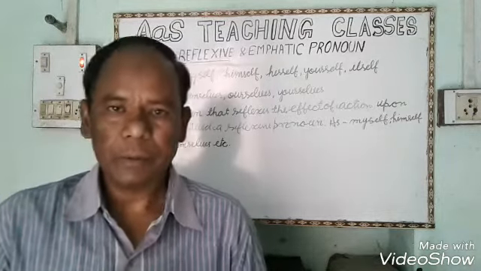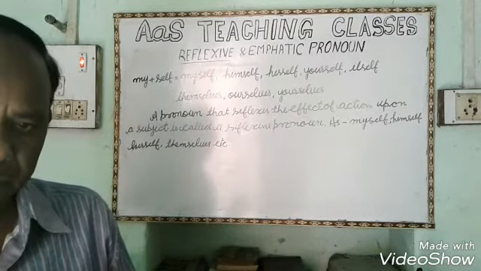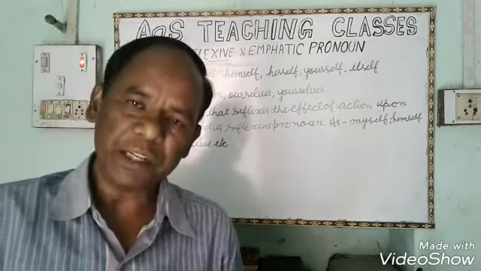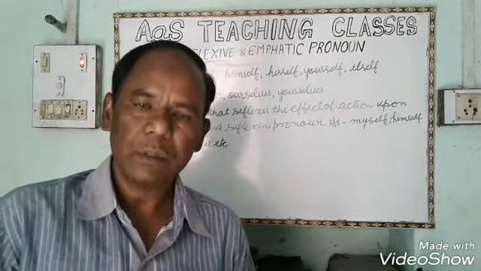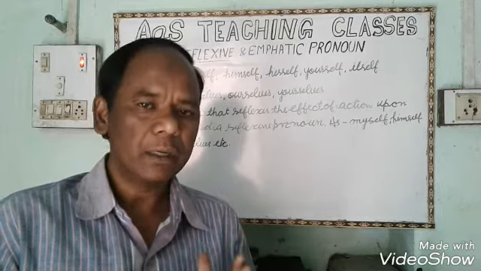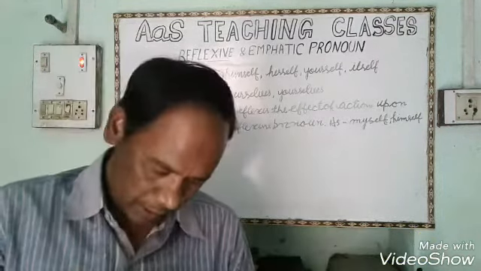A reflexive pronoun is used in a sentence as an object of the verb because it comes after a verb in a sentence.